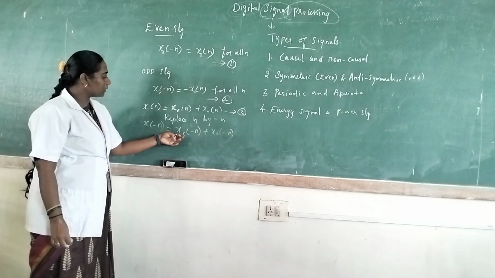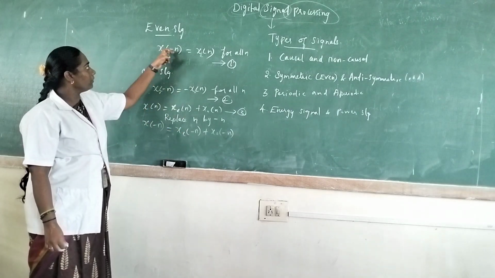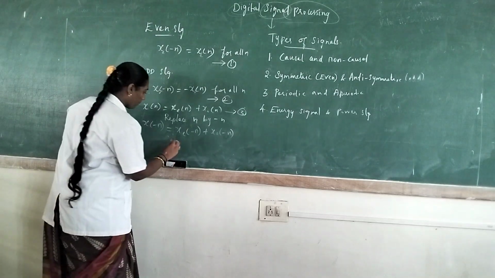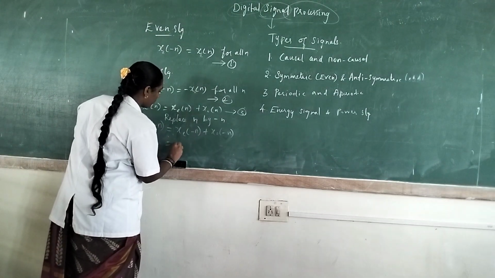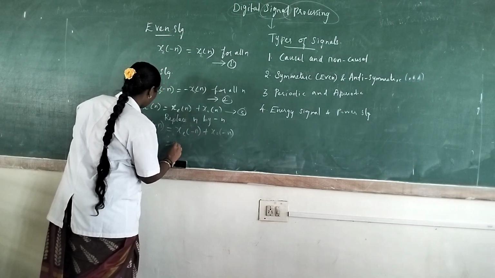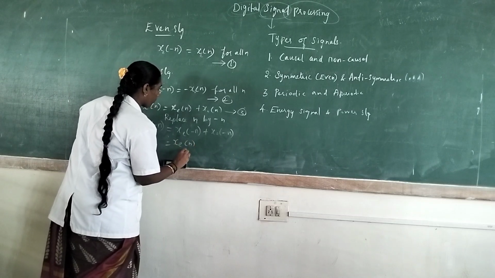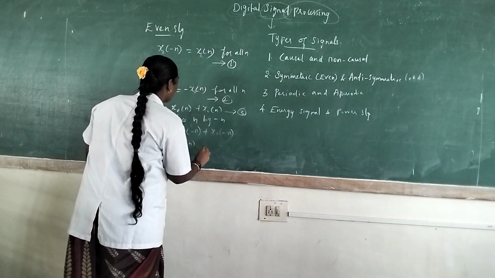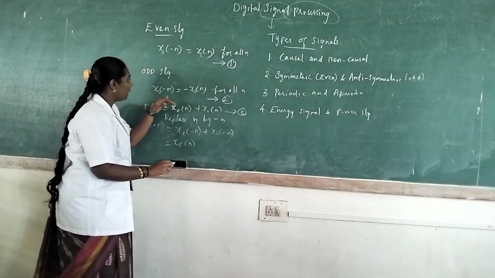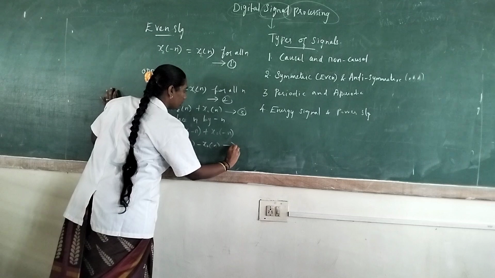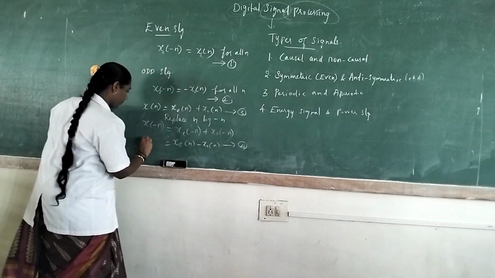So now replace xe of minus n by xe of n, and xo of minus n is minus xo of n. This is your equation 4.